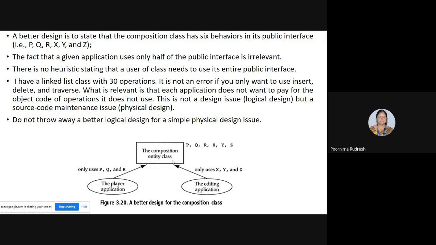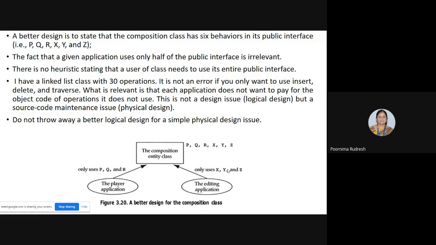Similarly, here, if you consider PQR XYZ, 6 behaviors or 6 operations are included in the entity class. But the editing application makes use of only 3 behaviors, and the playing application uses only 3 behaviors. Then the editing application has to pay for all the 6 operations that are placed in the composition class, right?